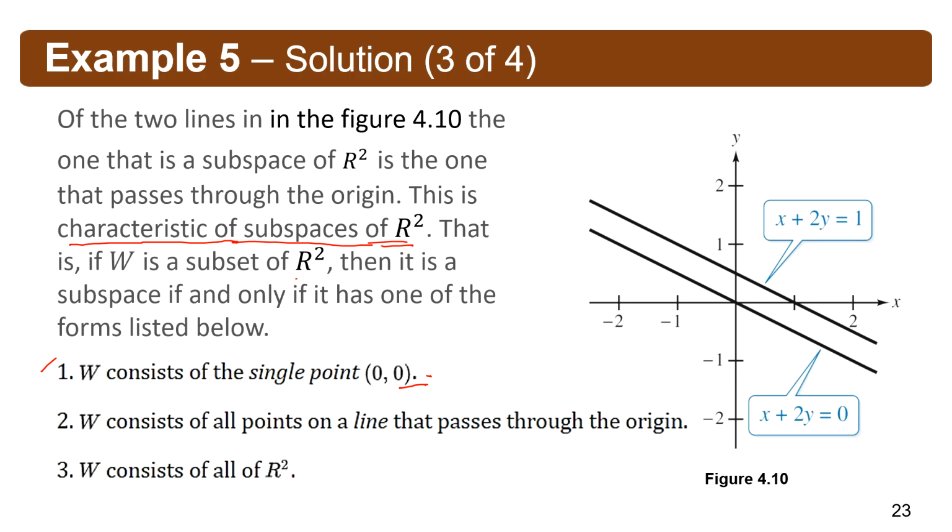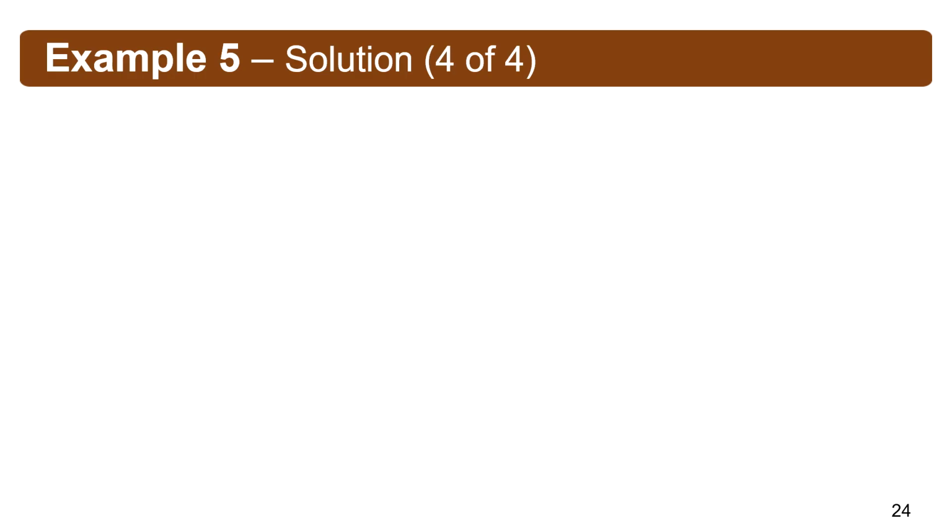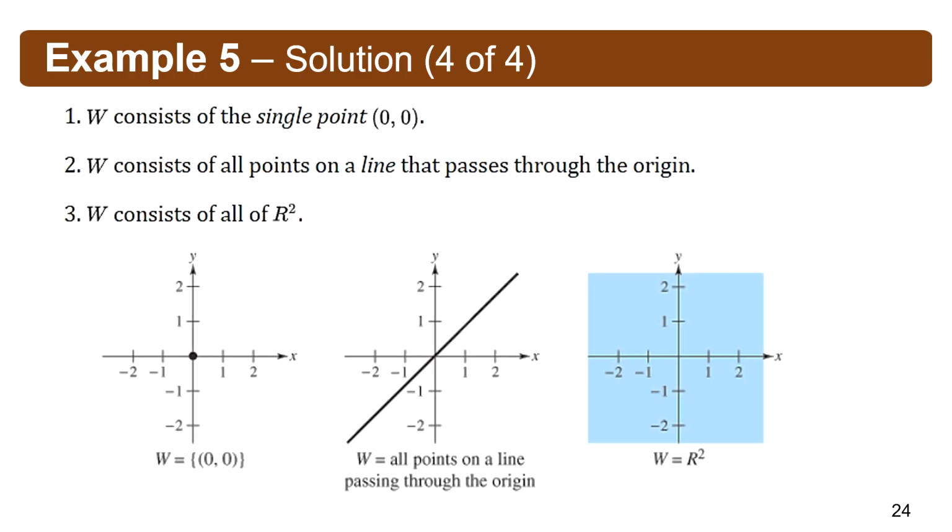It consists of all points on a line that passes through the origin, and it consists of all of R squared, that is the plane. Let's move here. This figure could be a single point, all points on the line, and points on the plane.